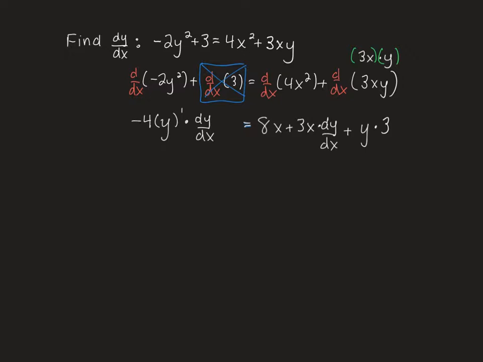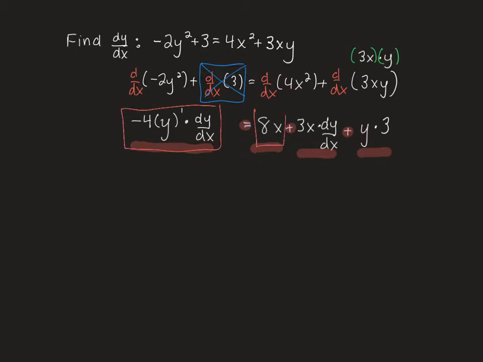So I've got, this is 1 term, this is 2, this is 3, and this is 4. What separates the terms are the plus signs and the equals. So I've got one term on the left and 3 terms on the right. Every term that has a dy/dx needs to go to the same side, and you can choose whichever side you'd like. I'm going to pick this side right here.